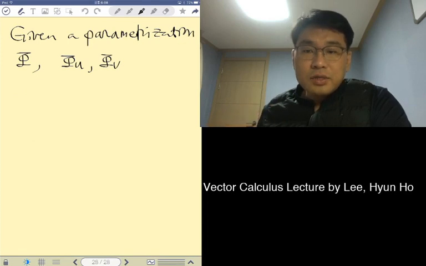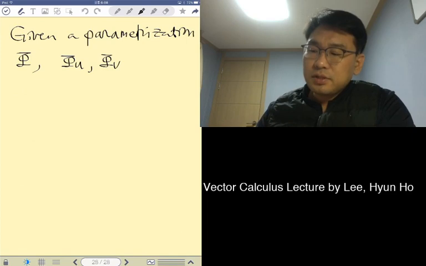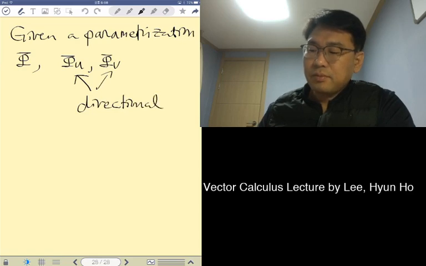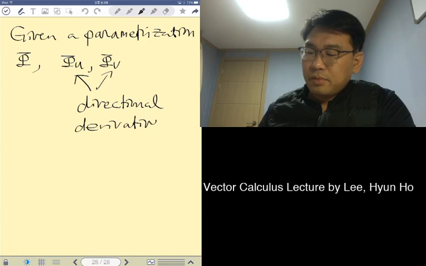Each of which is what? A directional derivative, okay? So these are directional derivatives. Basically tangent vectors, okay? Tangent vectors.